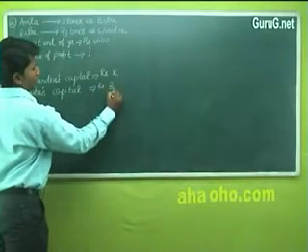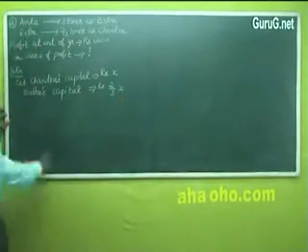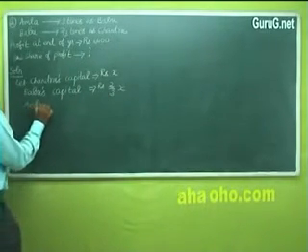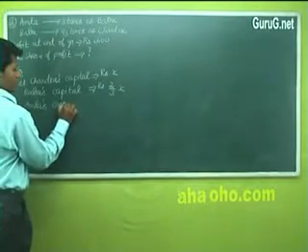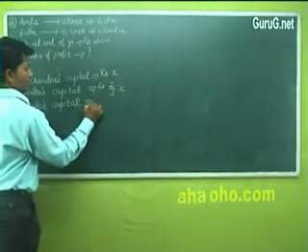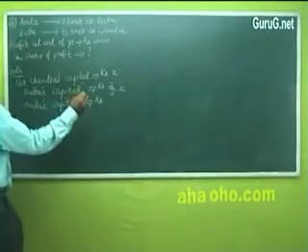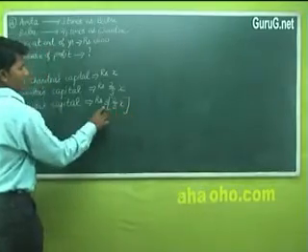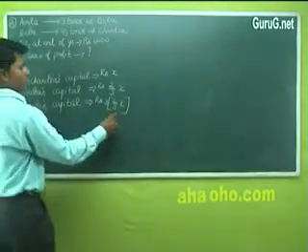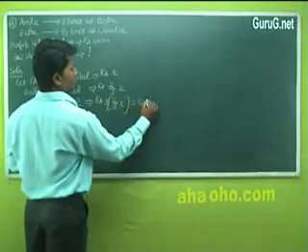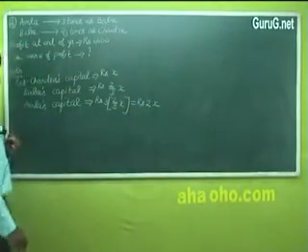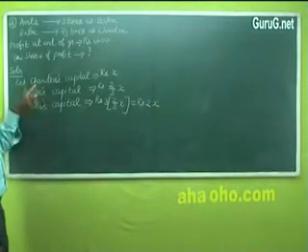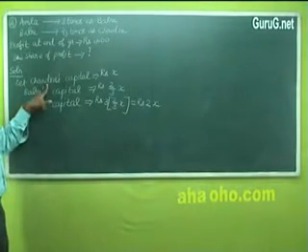Rupees 2/3 X. If Babu's capital is rupees 2/3 X, what is Amla's capital? Rupees 3 times Babu's capital. So 3/3 get cancelled. Rupees 2x. Fine. We have got the capital of Amla, Babu and Chandra.